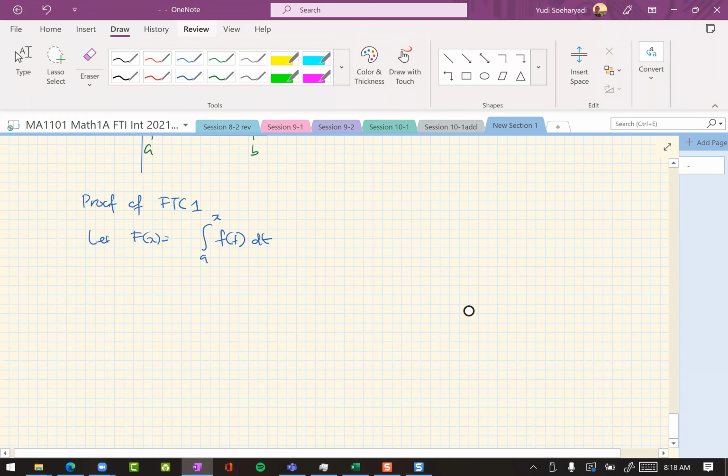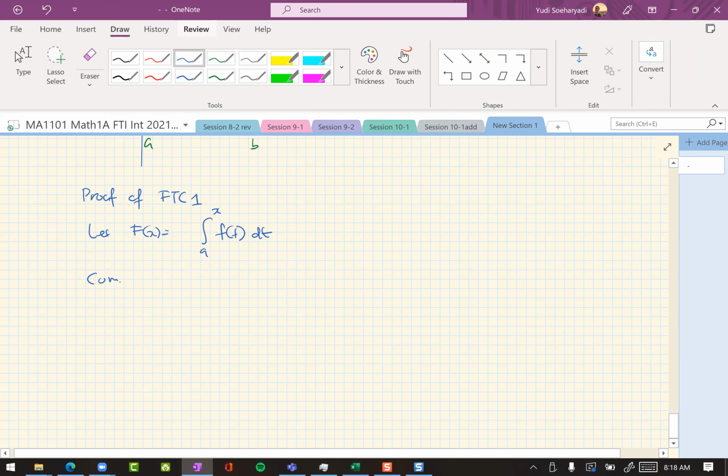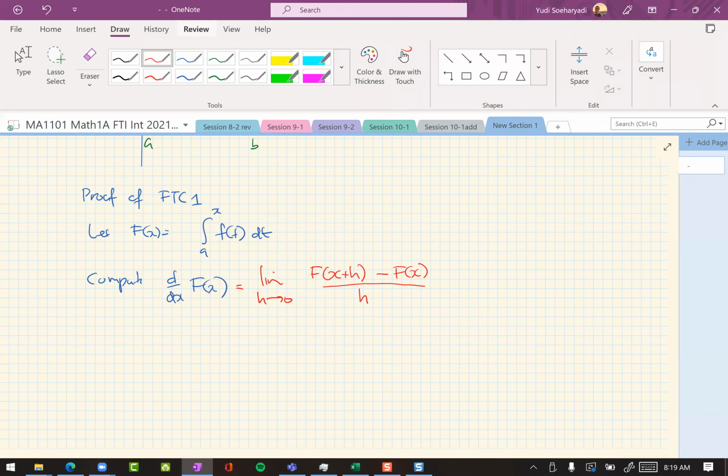And what we need to compute here is the derivative d/dx of F. Okay, so by definition, it is the limit. Recall this is F of x plus h minus F of x, over h. Okay, so we're computing this one.